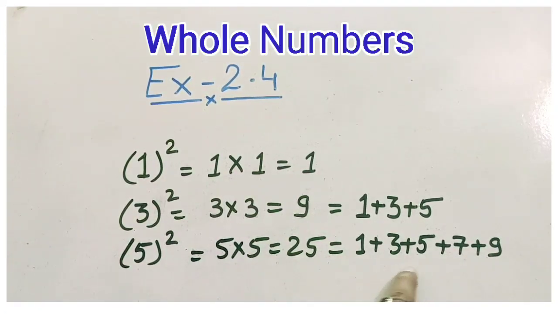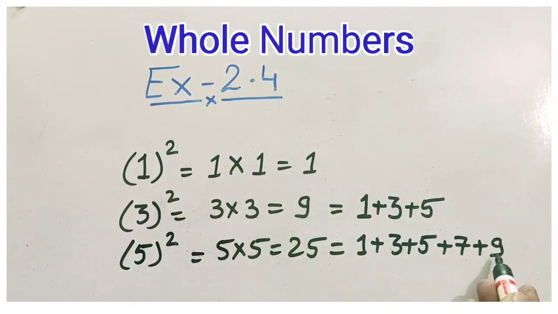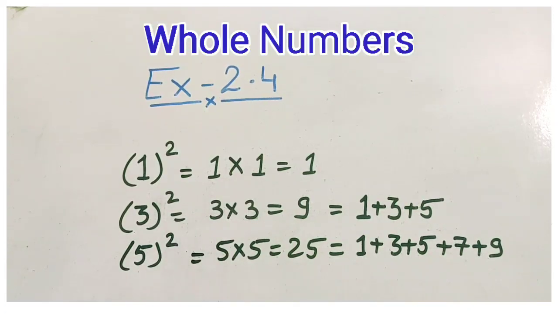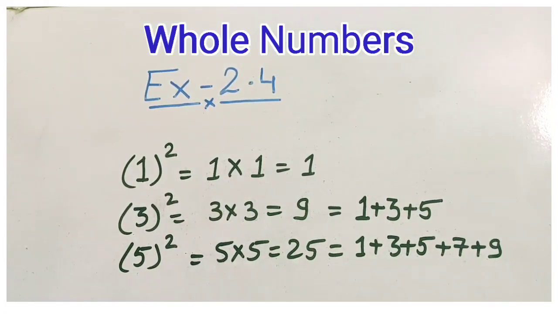Just add all these 5 numbers: 9, 7, 16, 5, 21, 3, 24 and 1, 25. It means we have written the square of an odd number as the sum of odd numbers. Got it?